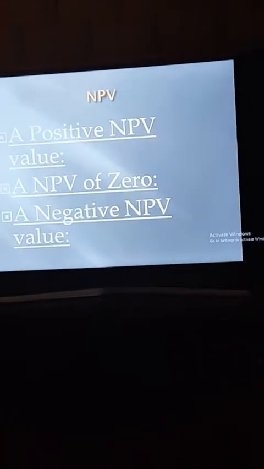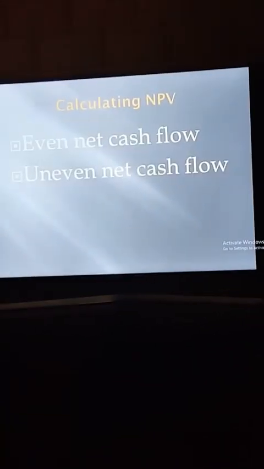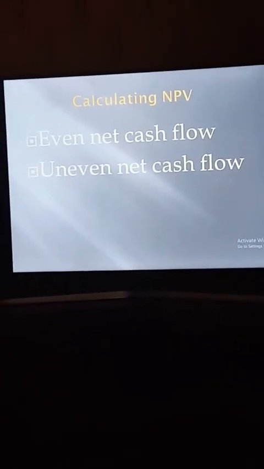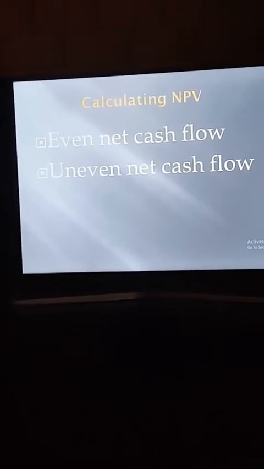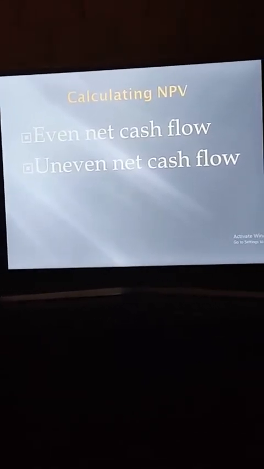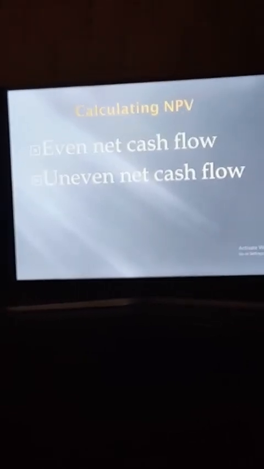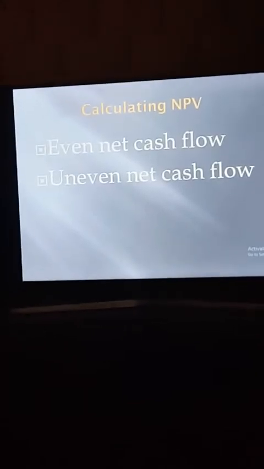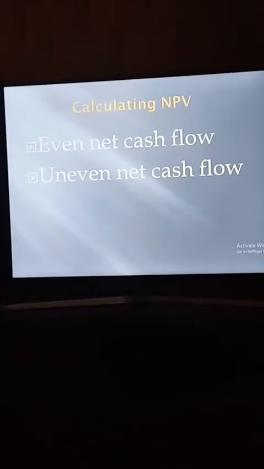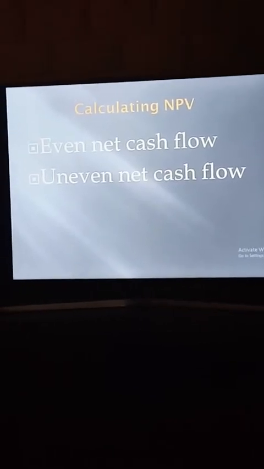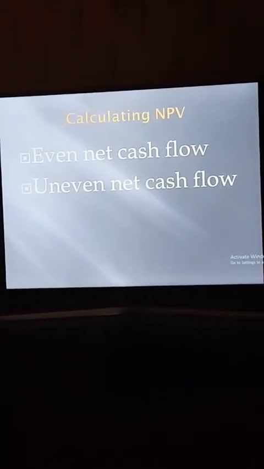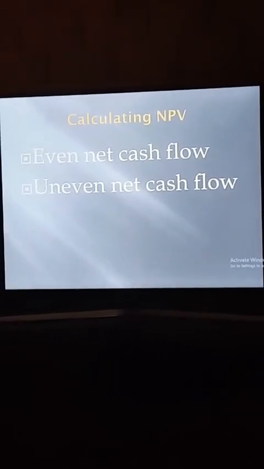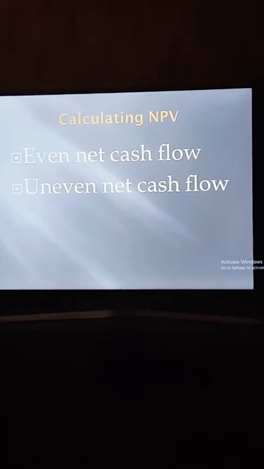When calculating net present value, there are two different types. They're basically the same thing, but the only difference is the pattern of the cash flow. Sometimes there is an even cash flow, which means the money we expect to get is always consistent and the same value every year, so if a company invests X amount of money, it expects to get $1,000 every single year consistently.